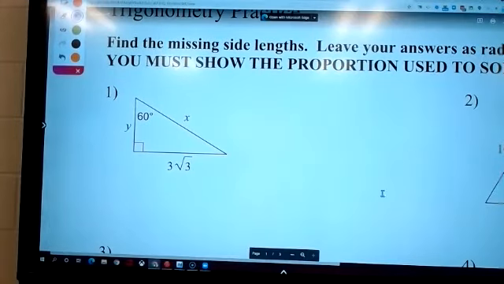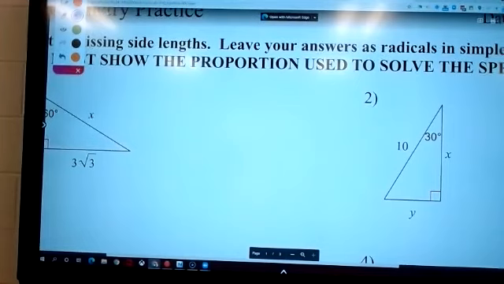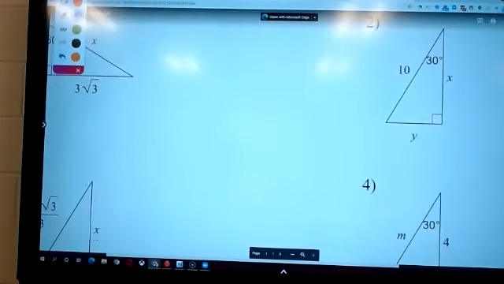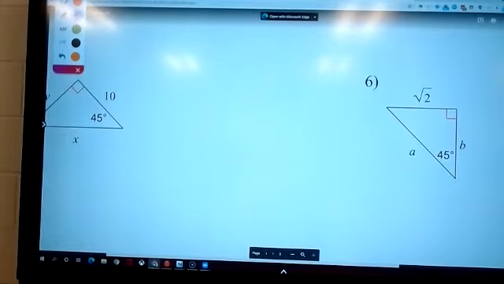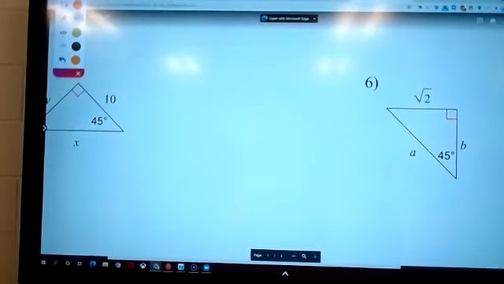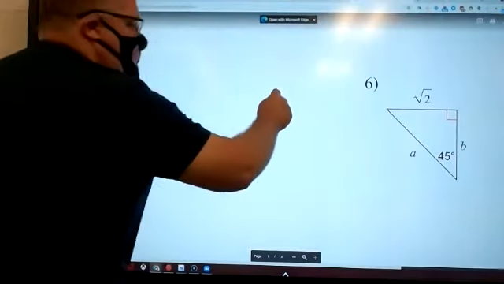Okay, now let's slide over, and we don't want to do that because is that basically the same thing? Okay, how about this guy? You're right. Can we do number 6 together? Yeah, it's going to be 1, 1, and root 2.